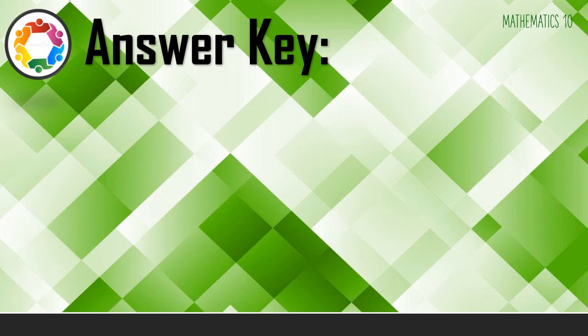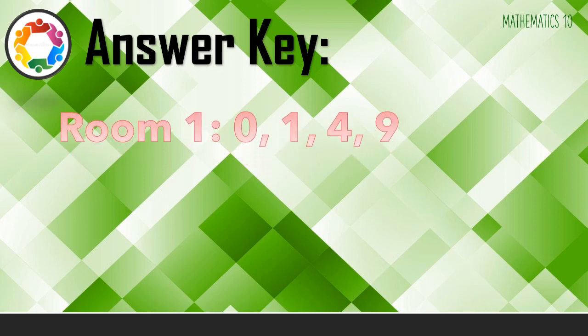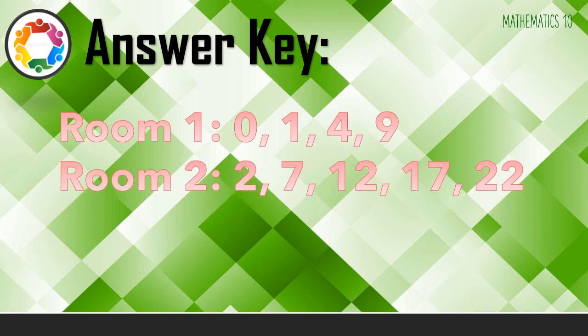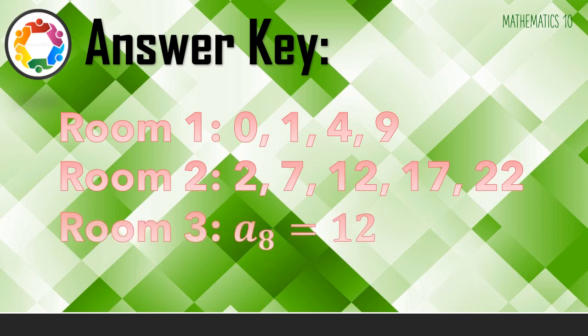And for the answer key of our group activity or additional practice exercise, for room 1, the answer is 0, 1, 4, 9. And for room 2, we have 2, 7, 12, 17, 22. And for room 3, since we are asked to find the 8th term of the given general term of a sequence, a sub 8 equals 12.